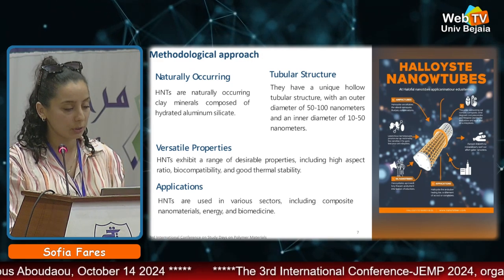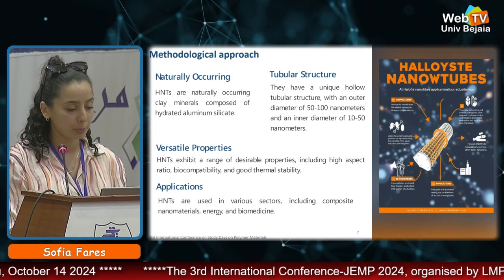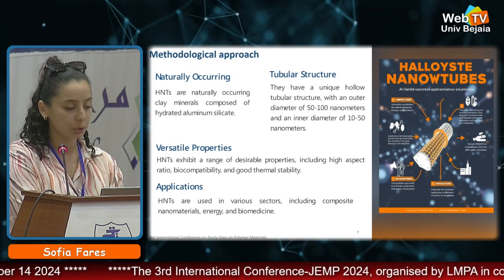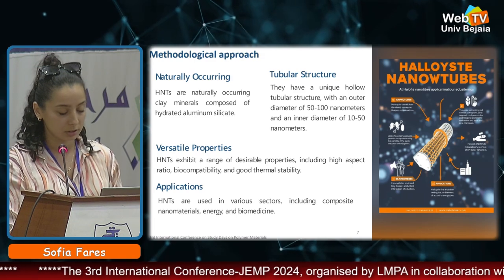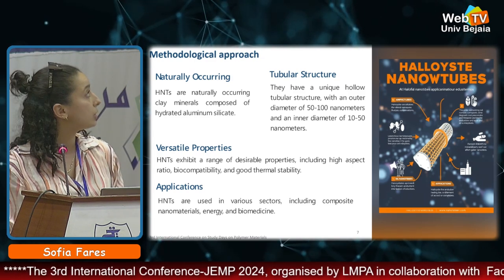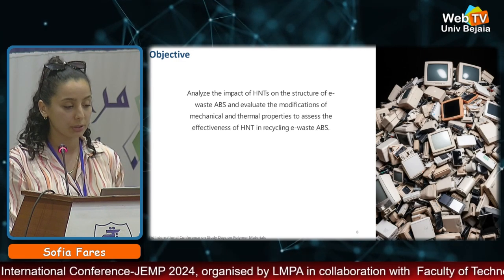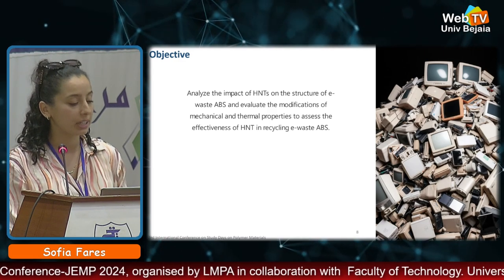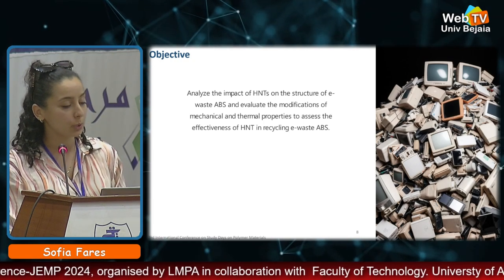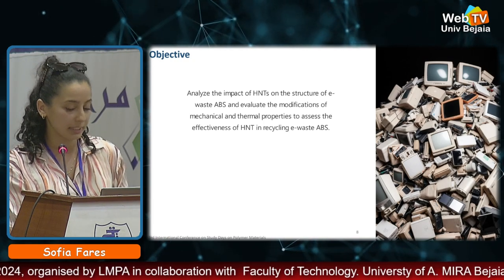They have a tubular structure and exhibit a range of desirable properties, including high aspect ratio and biocompatibility, and it's used in various sectors. So the objective of this study is to analyze the impact of HNT on the structure of e-waste ABS and evaluate the modification of mechanical and thermal properties to assess the effectiveness of HNT in recycling e-waste ABS.